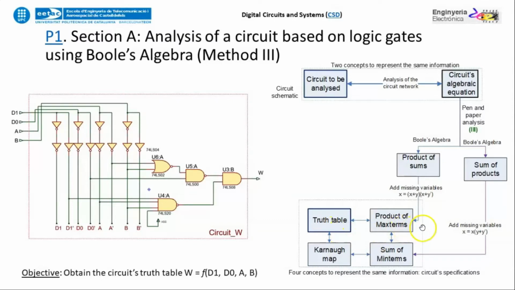You can use the product of maxterms, taking and ANDing, a product this time is an AND, all the terms which are zeros. So you can AND all the terms which are zero in the truth table, and those are the maxterms.